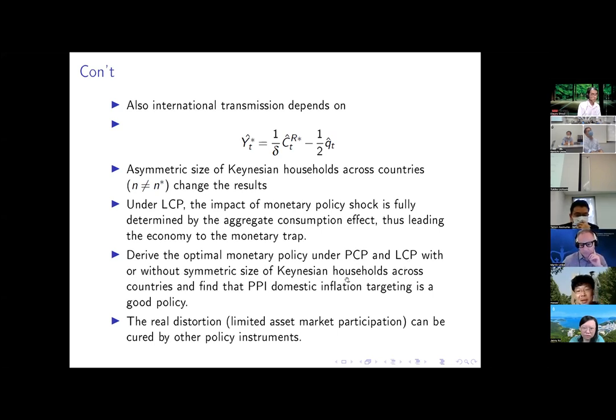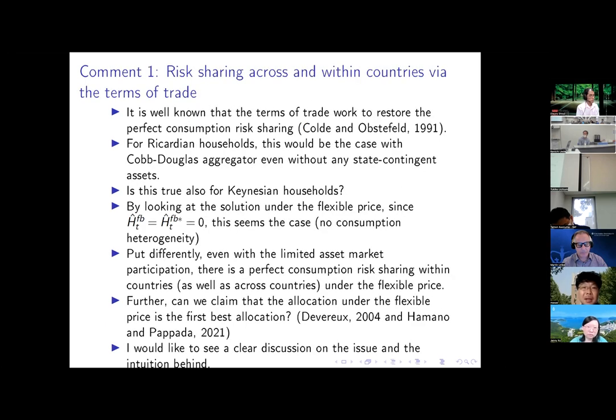But the main message from the policy and the LCP that I get is that still producer price inflation targeting is a good policy. Even under the case of LCP, with very specific assumptions on the preference, we can restore the same policy prescriptions. Yes, so this is a brief summary, and let me discuss the paper.